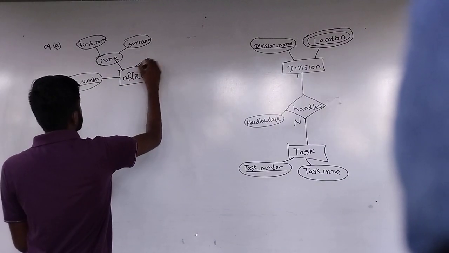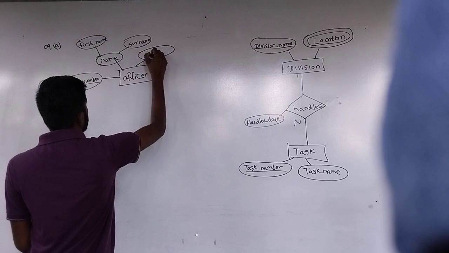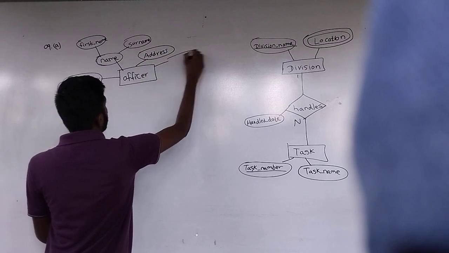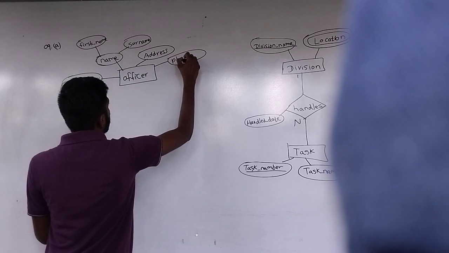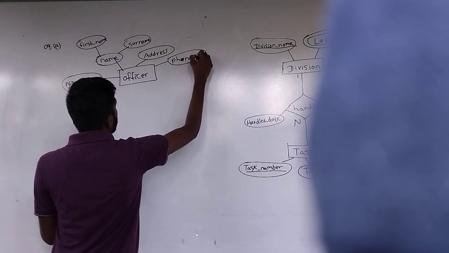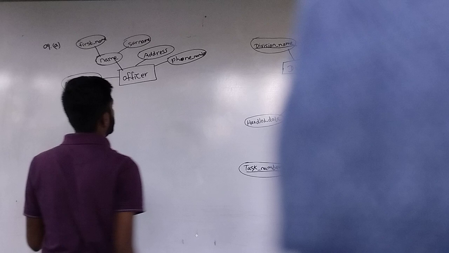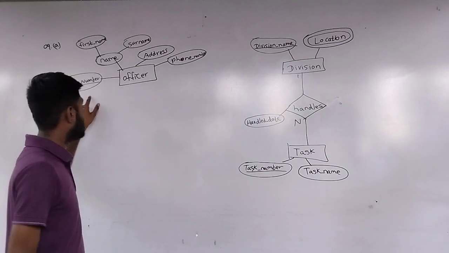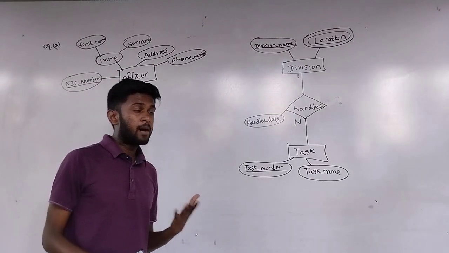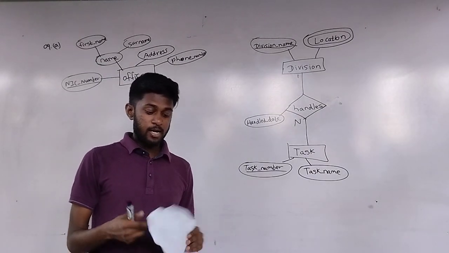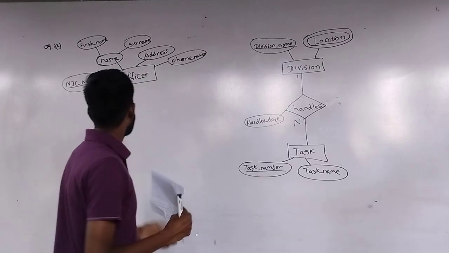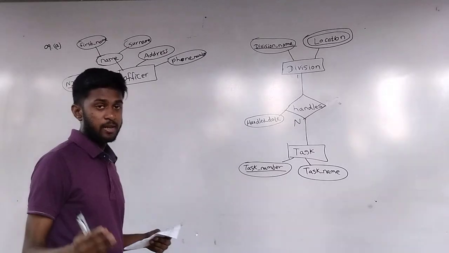So let us have the address here and phone number. Right, so that is also done. Here the examiner has not said that the NIC is the primary key, but you can consider it a primary key because it is the unique key. So NIC number is considered a primary key.